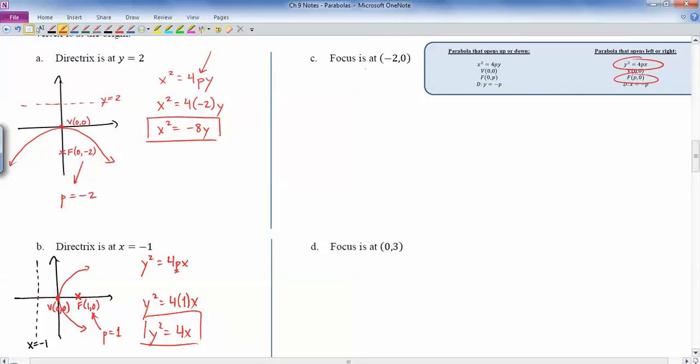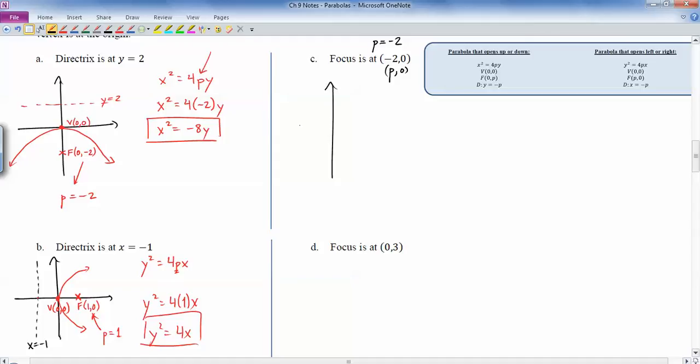Okay, let's try C. So C, notice it already gives you the focus. So this is going to be p, 0 right here. So we already know p is negative 2. The real question is, does it open left or right? Okay, so let's just draw a quick sketch. Negative 2, 0 is the focus right here. And we know the vertex is here.